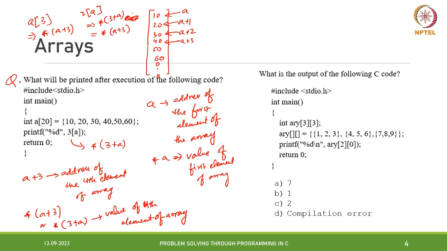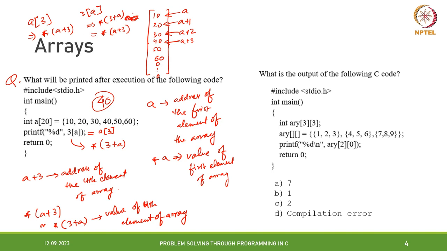So this is a legal way of writing things, and it means the same as A of 3. So what is A of 3? A of 3 is 40. So you will have 40 being printed here. Is it clear?